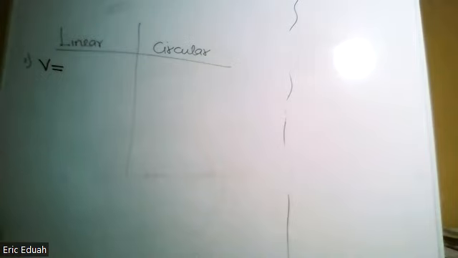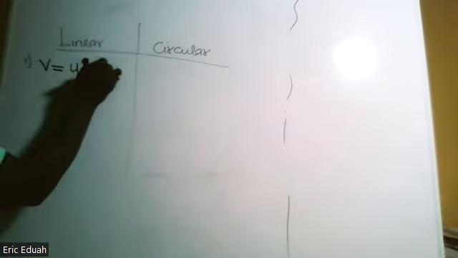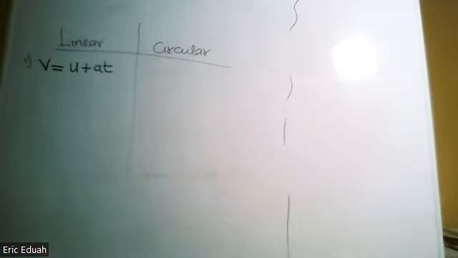It starts with V is equal to U plus AT. Good. Where V represents final velocity, U represents initial velocity, A represents acceleration, and T represents time.